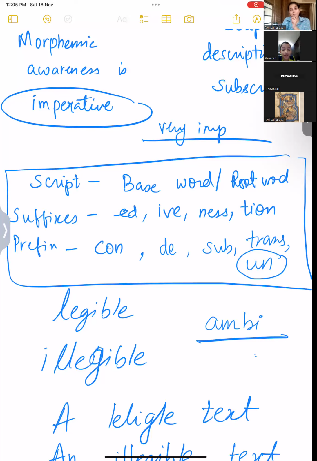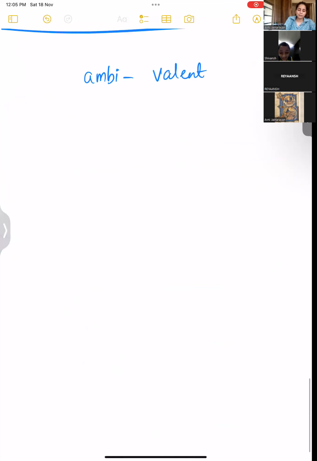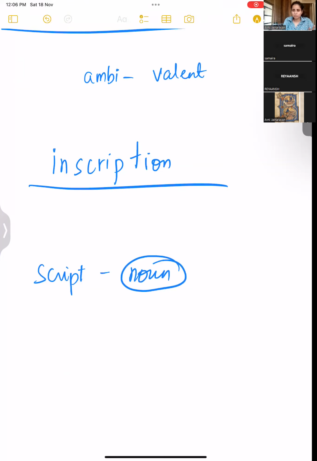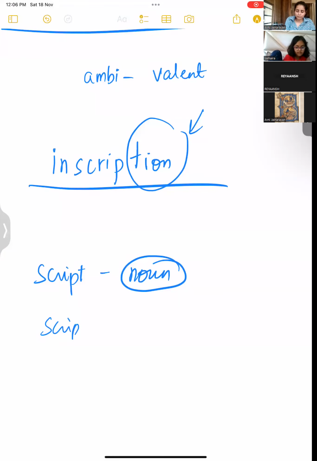Inscription. Write the spelling in the chat box, children, and match it with my spelling. Now, script can be a noun, right? Yes. Script is a noun. Inscription also becomes a noun. If I say scripted well, then it becomes a verb.